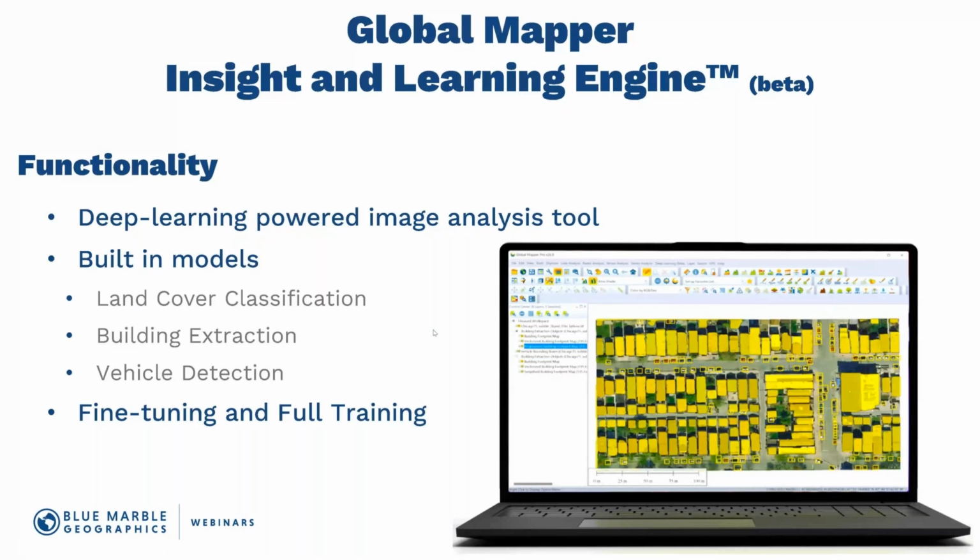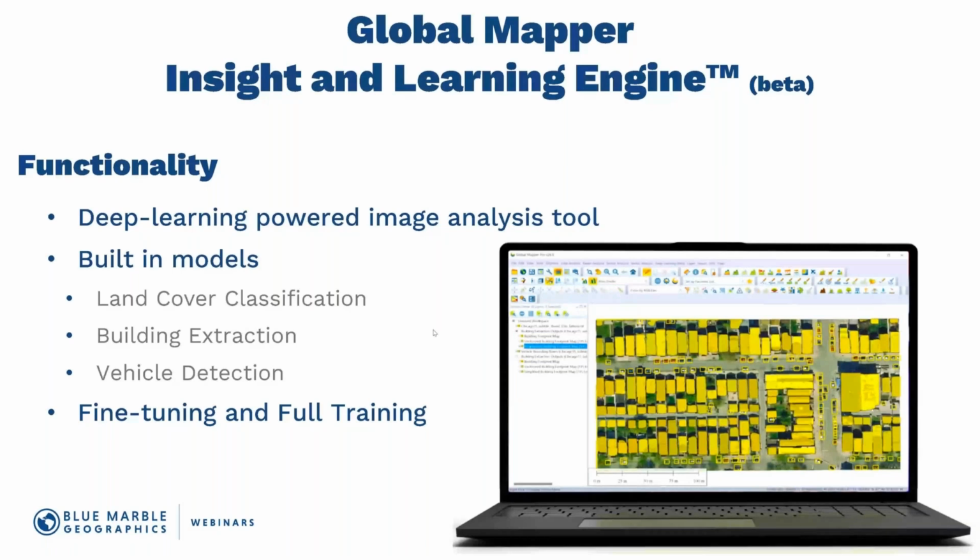Right now, the Insight and Learning Engine is deep learning powered, focusing on image analysis tools. It has a variety of built-in models for land cover classification, building extraction, and vehicle detection. There are also options to fine-tune or adjust built-in models, and then fully retrain an existing model as well.